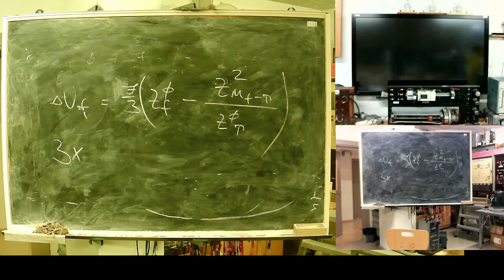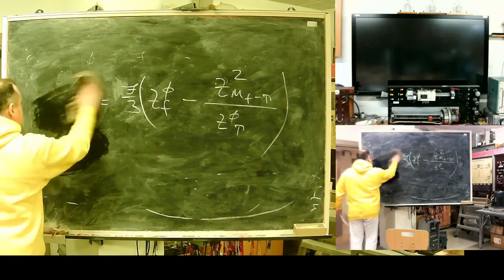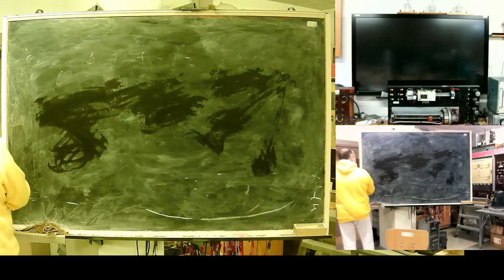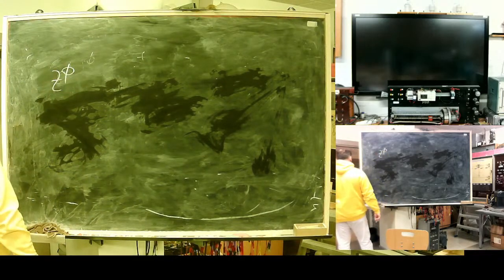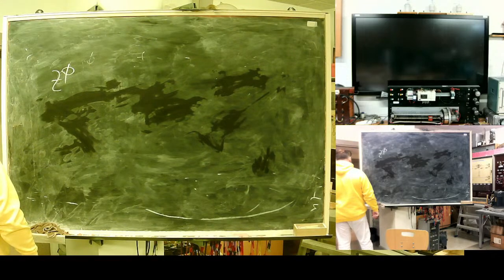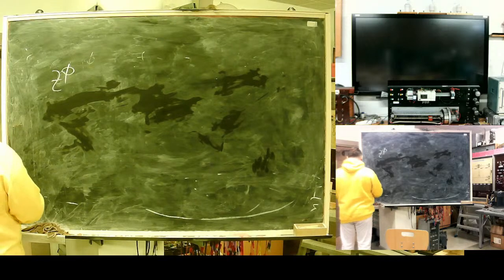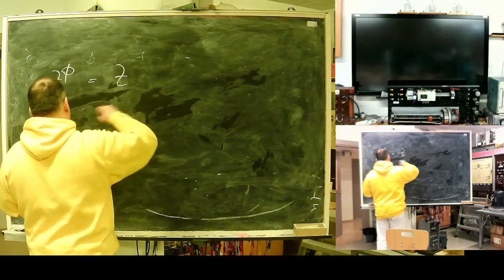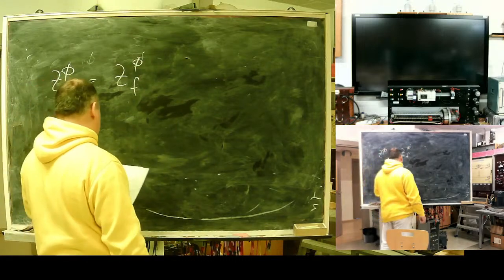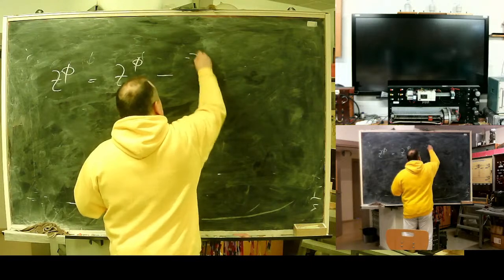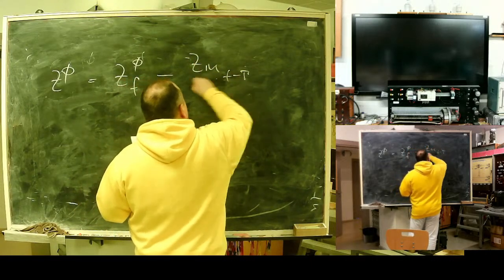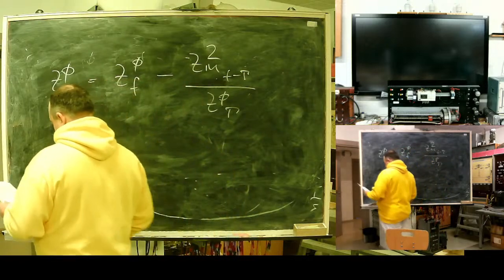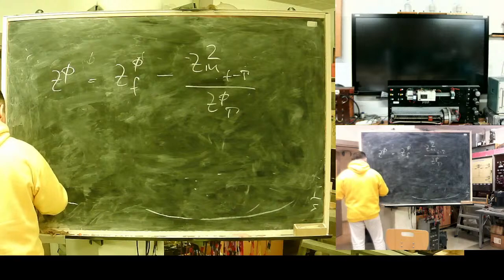So finally, zero sequence resistance of my line will be zero sequence resistance of phase without cable minus mutual phase to cable divided by zero sequence resistance of my cable. Here it should be squared.